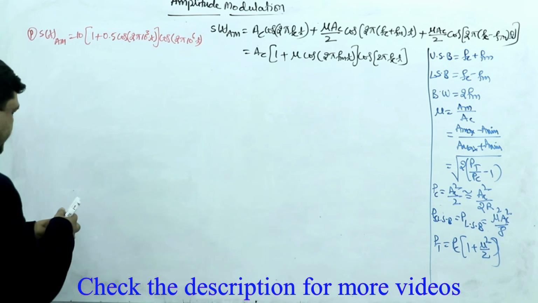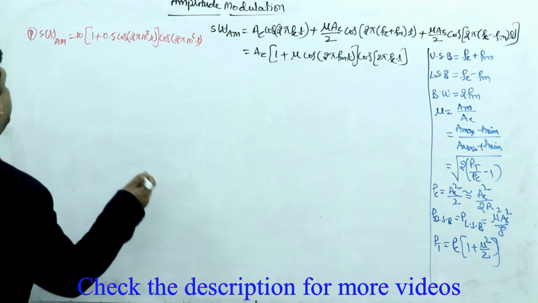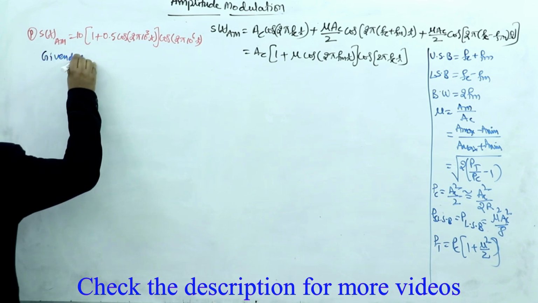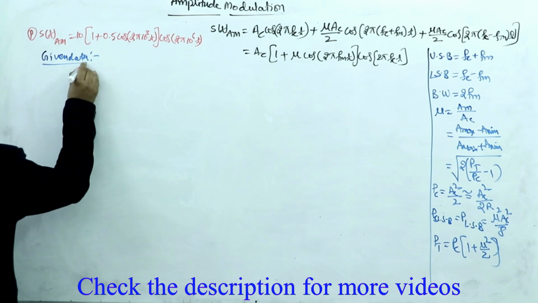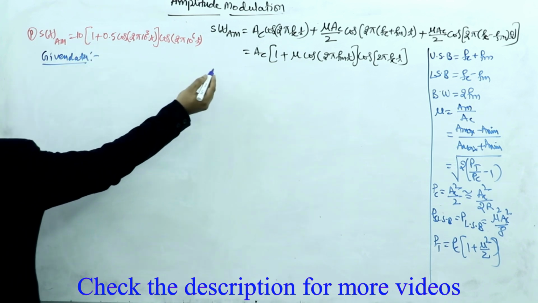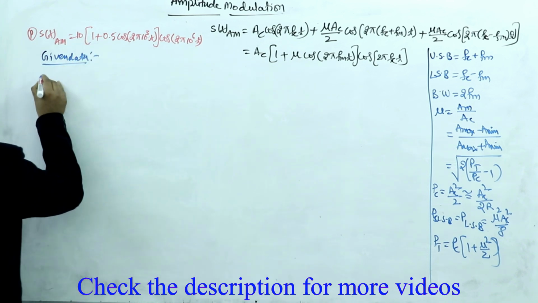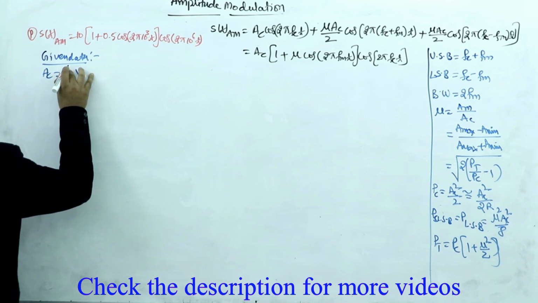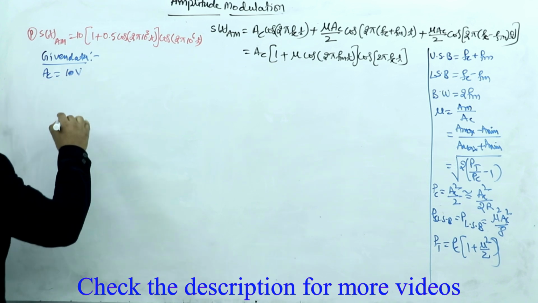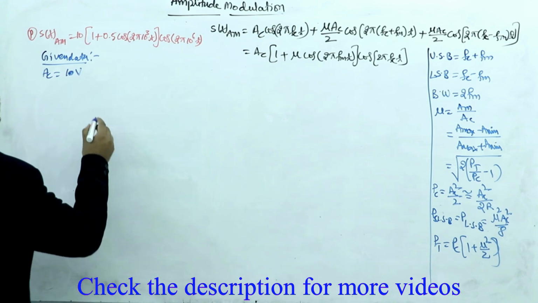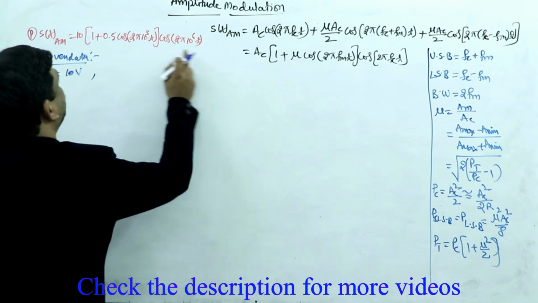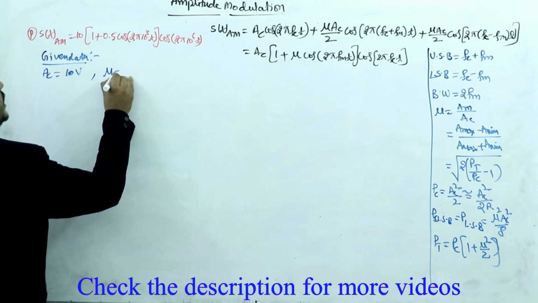To do that, first I am writing the given data here. One is AC. Just compare these two equations. The amplitude of the carrier signal is how much here? 10 volts. Compare these two equations, and here we get mu, the modulation index.